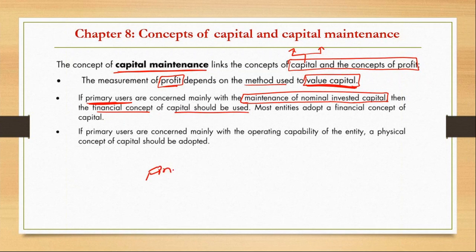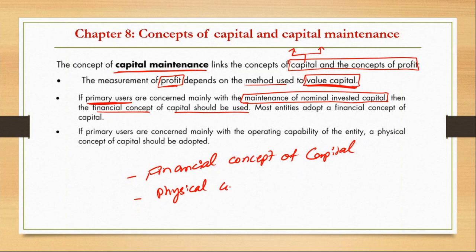So we have two concepts of capital: the financial concept of capital, which says earn profit, focus on the profit. The other is the physical concept of capital, which says focus on the operating capability.